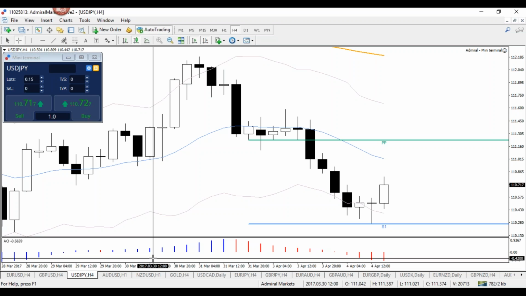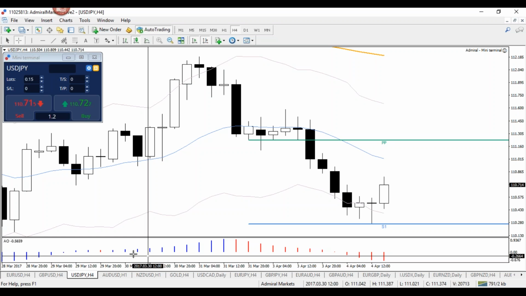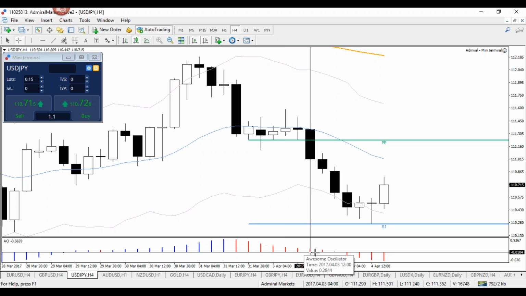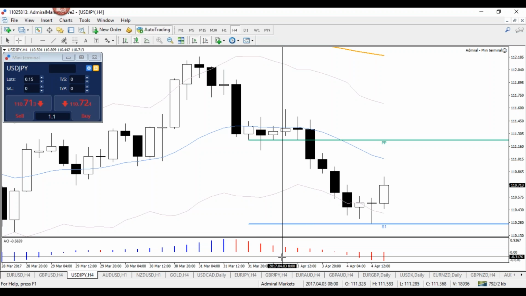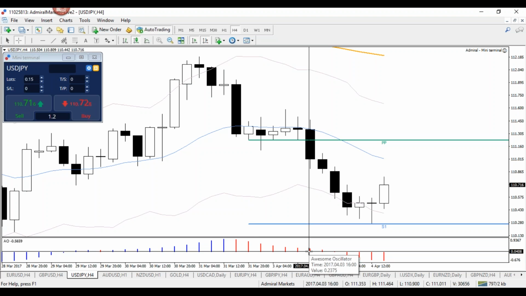But besides the waves and making the count of the waves easier and simpler to see, there's also an added benefit with the awesome oscillator in the sense that it shows momentum, blue obviously showing up, red showing down, and of course the zero line, which is kind of the midline, the halfway line, whether price is accelerating even further, up or down. Okay, so obviously blue above the zero line would be even more bullish trend, red below the zero line, below that middle line would be even more bearish trend.